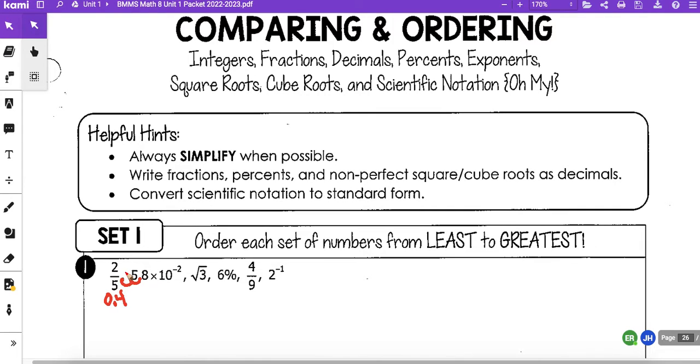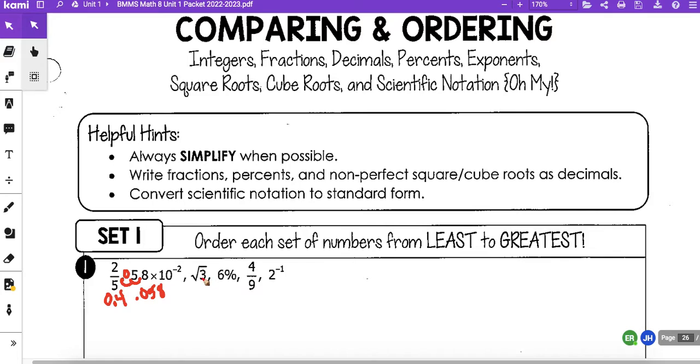And when we move and there's nothing there, we fill in a 0. So this is 0.058 or 58 thousandths.